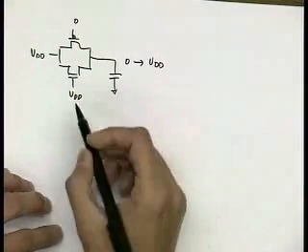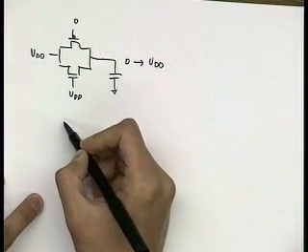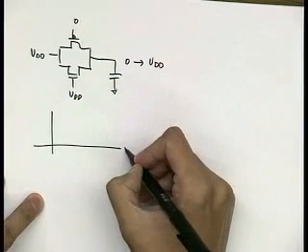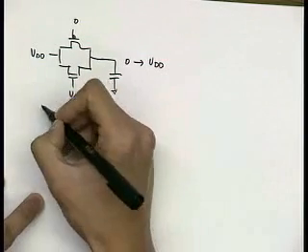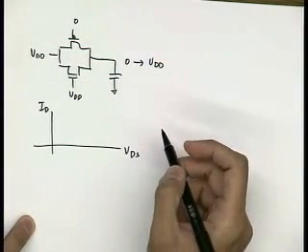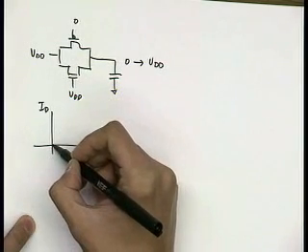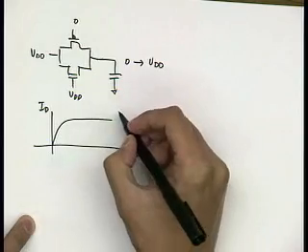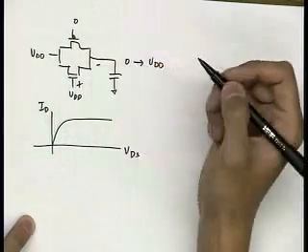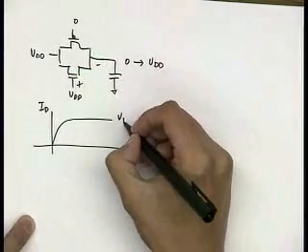Just to make sure we understand where these two transistors are operating, look at the VDS and ID of the NMOS. The VGS here is large, so it will start from VDD.